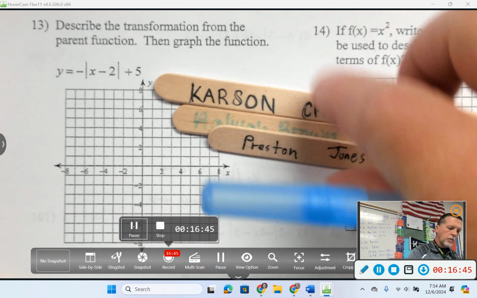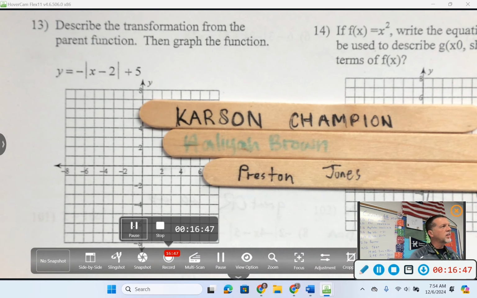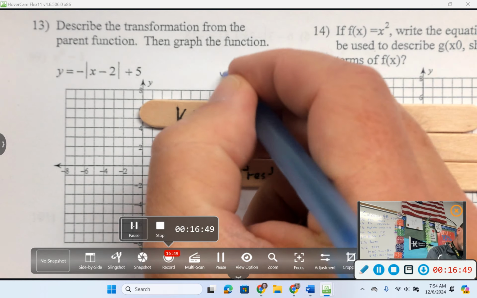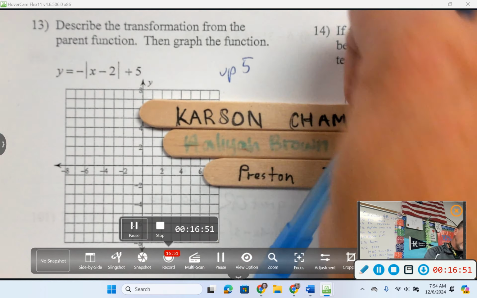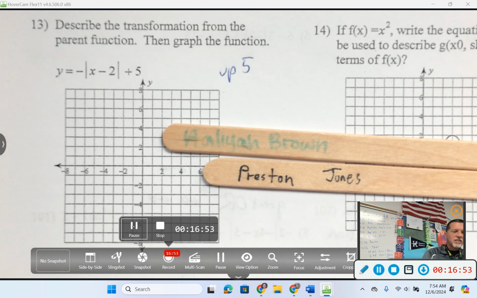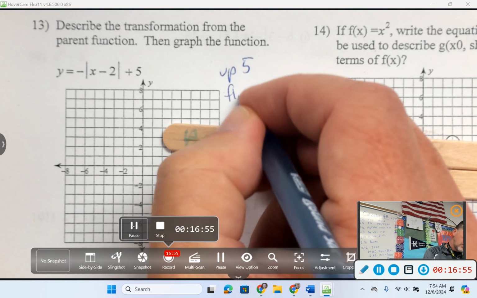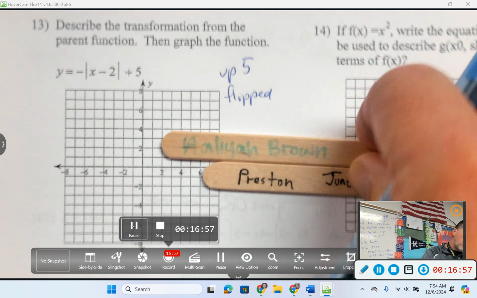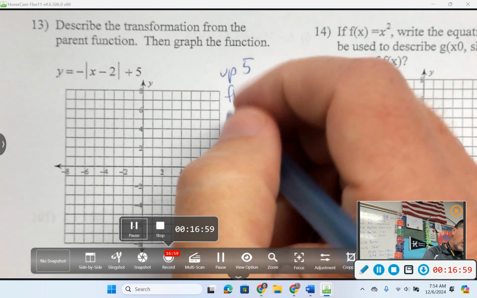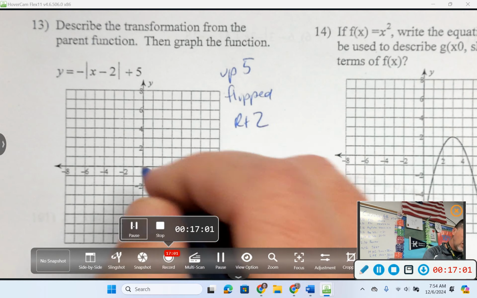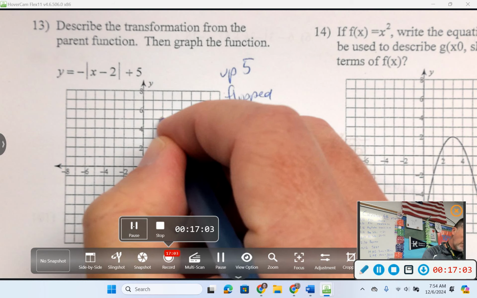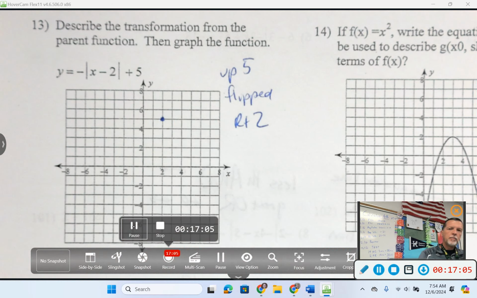So Carson, tell me one thing that's happened to the parent function. It's up 5. Aaliyah, what else has happened to the parent function? It is flipped. And Preston, what else? Right 2. Right 2 up 5. There's my new starting point.